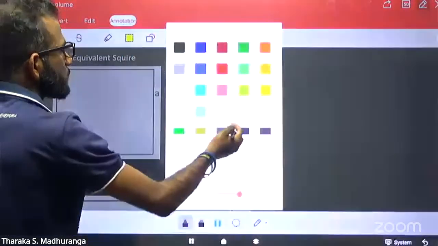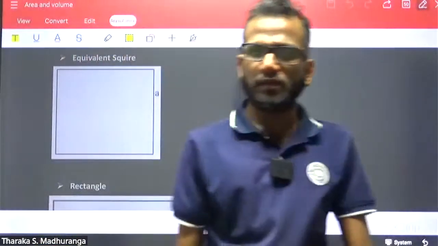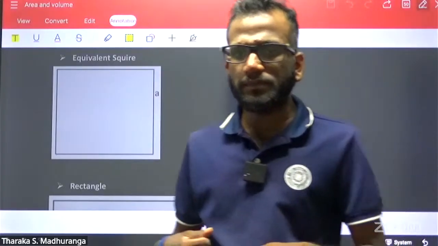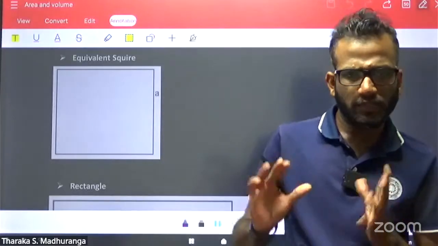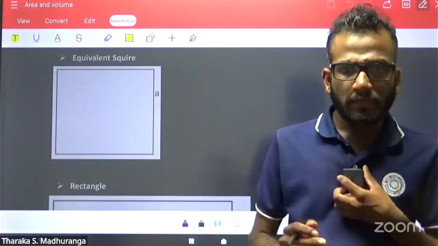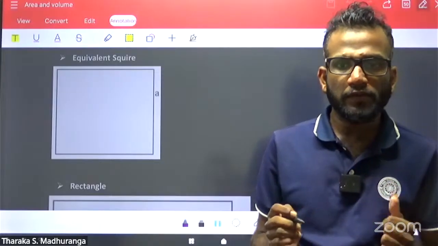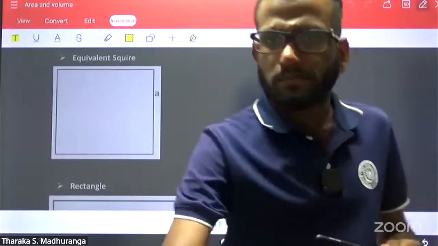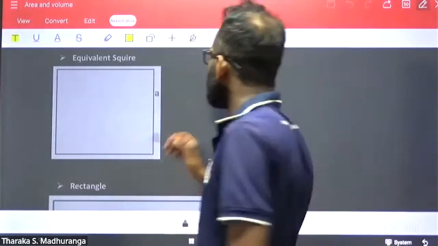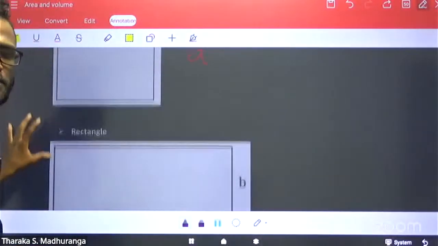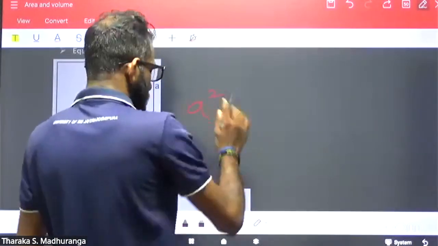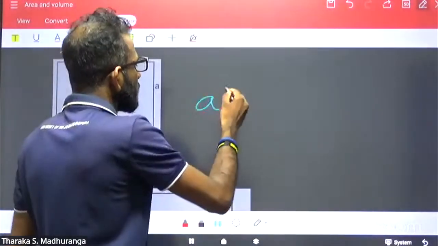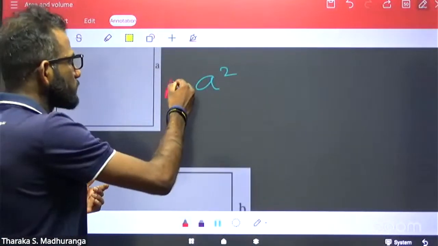Again simply. Square, what is the equation? Today for calculation, we need these equations. The area of a square equals a squared.